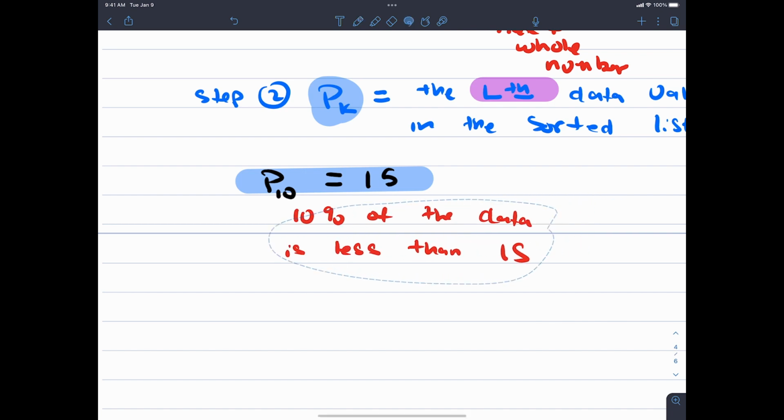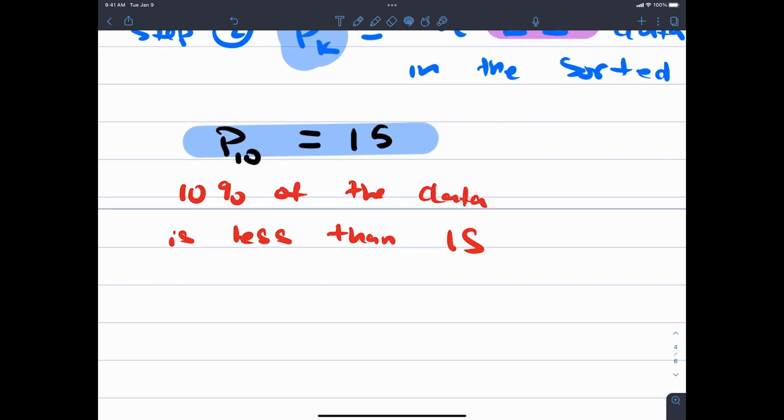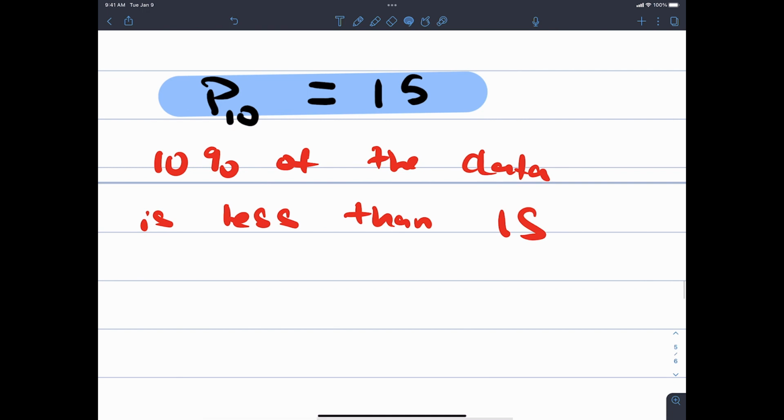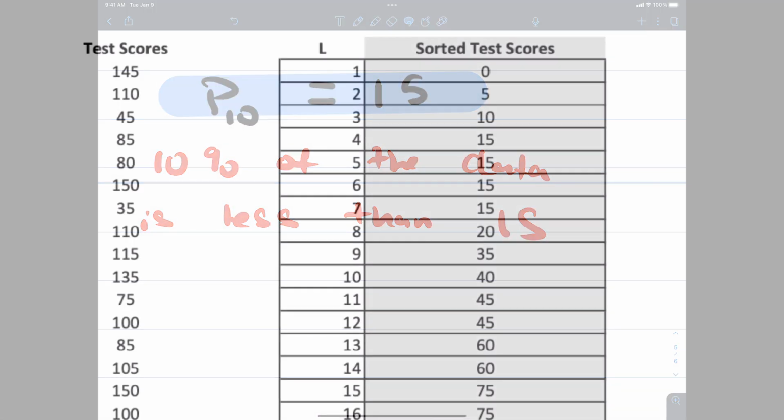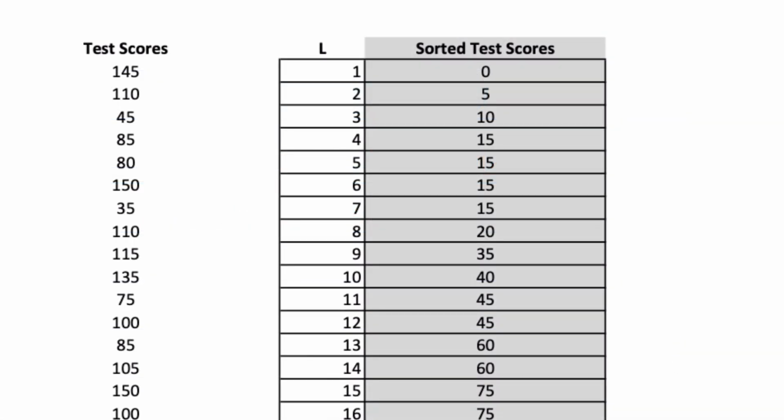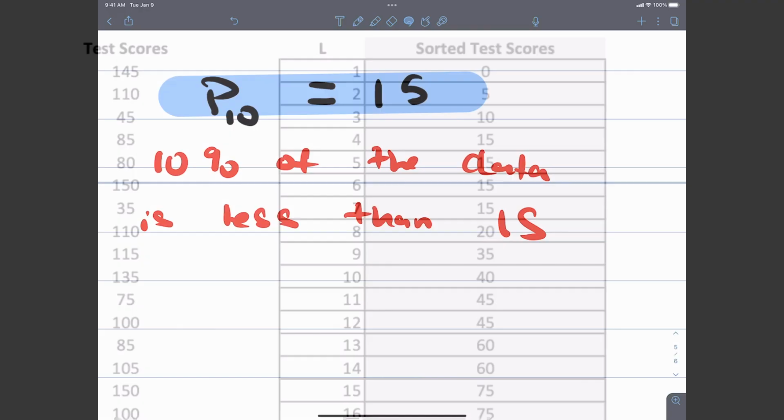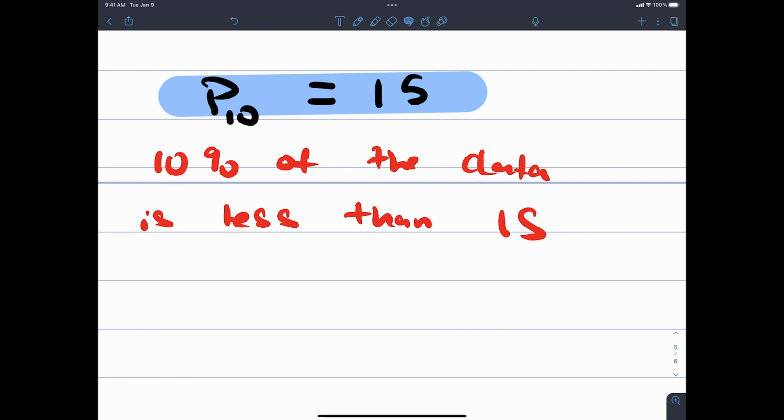Because you found P10. P10 is the what? The 10th percentile. 10% of the data is behind 15 in this sorted list. So if you say, where's 15? Right here, 10% of that data is behind it. Okay? So I want you guys to know this is a very big deal. You found something that's important. Okay? Easy breezy, lemon squeezy.